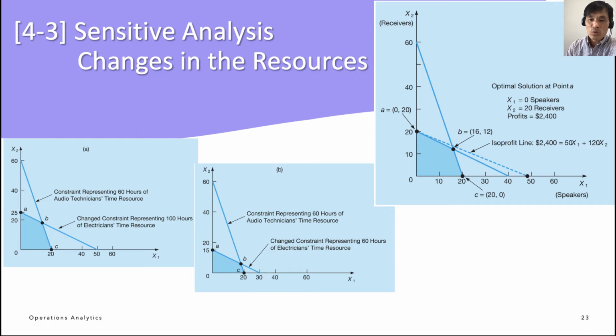If the hours were decreased to 60 hours, so it was 80 hours before and now it is 60 hours, you decrease it by 20 hours. And what happens at that time? The feasible region decreases. If you calculate everything, you will see that the optimal solution is 0.15.